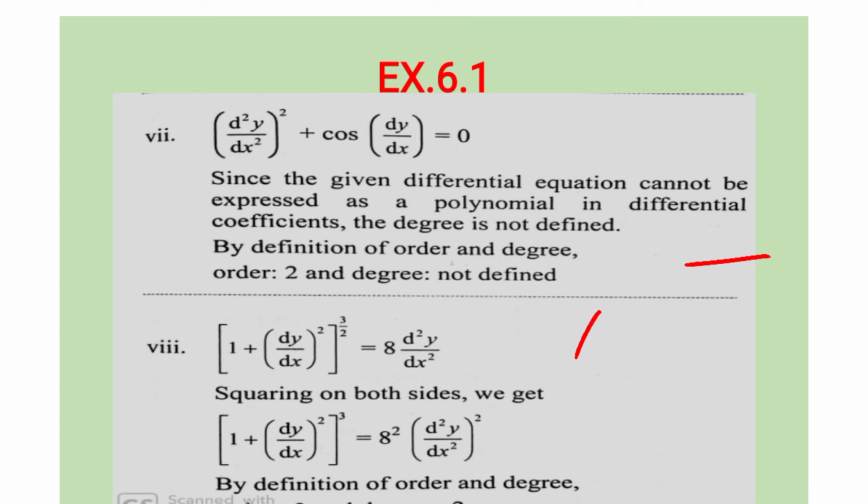So squaring both the sides we get 1 plus dy upon dx the whole square raised to 3, because the 2 will cancel with the square, is equal to x square into d2y upon dx square the whole square. By definition of order, the order is what? 2, and degree is also 2.